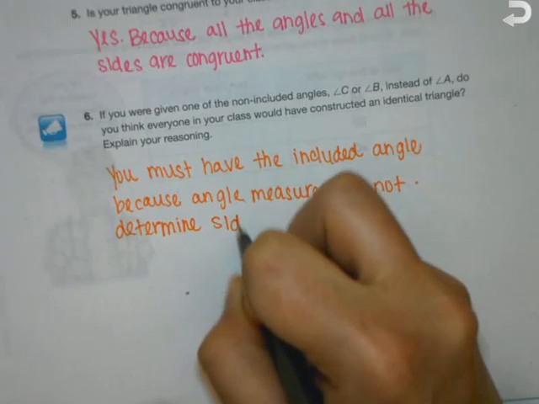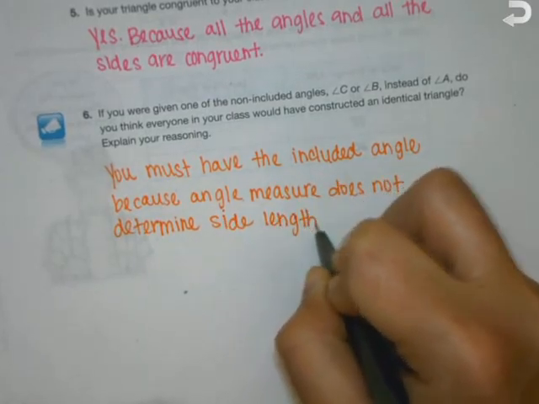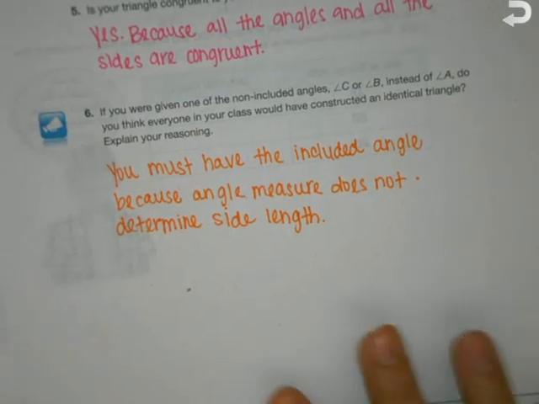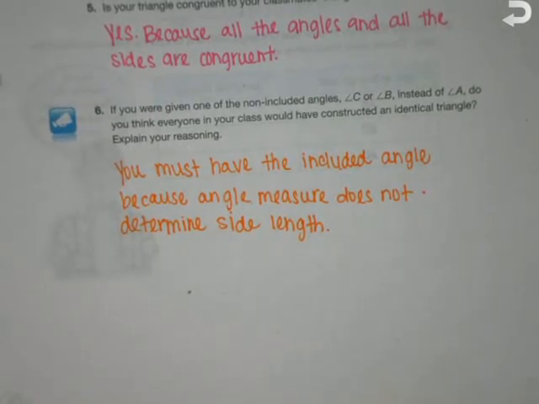Okay, so what that is saying is that if I gave you segment AB and segment AC, but I gave you a different measure for, say, angle B, we could have drawn a whole bunch of different triangles because it's not the included angle. Okay, so you have to have the included angle there.